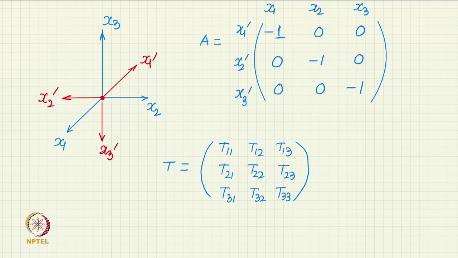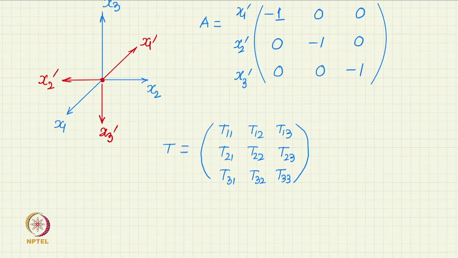If we now transform this tensor by the coordinate transformation, I should get the same tensor. So, how is that true? We have seen that under the coordinate transformation, the transformed tensor T prime is written as A T A inverse.